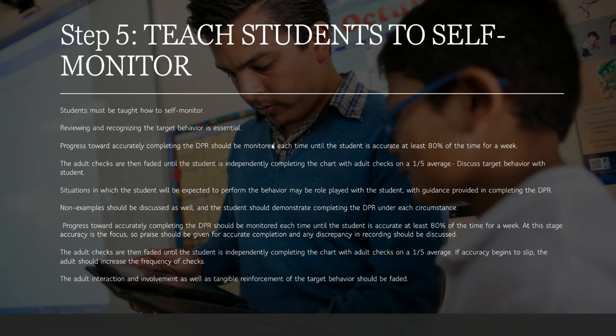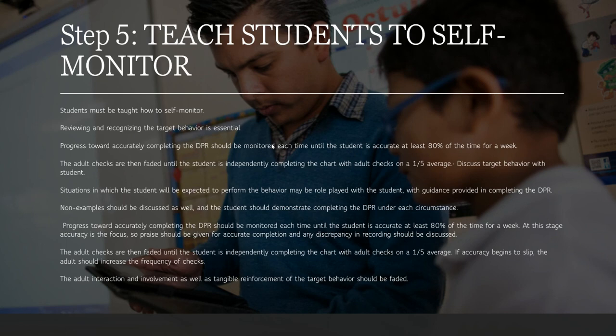So once the student is completing that daily progress report accurately for at least 80% of the time, we're going to begin to fade the adult checks. Before that, teachers are checking in with the student to make sure that those progress reports are being completed accurately.